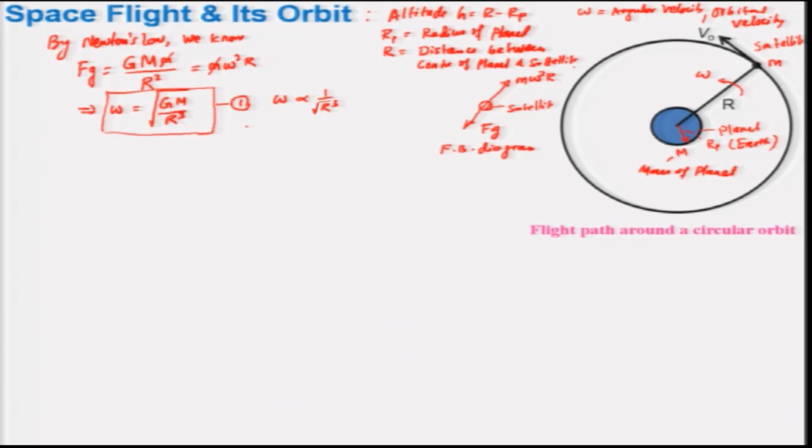G is a gravitational constant, equal to 6.67 times 10 power minus 11 Newton meter square divided by kg square, and r is the distance between the center of the planet and the center of the satellite.